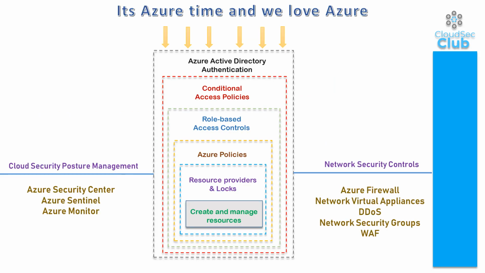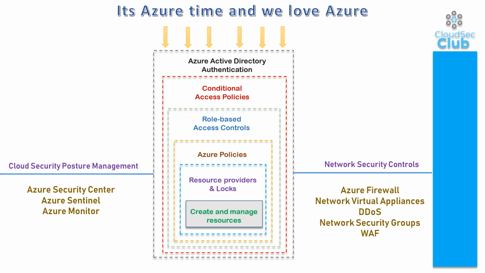So it's Azure time, and let's see how we manage resources securely in the Azure environment. You can see a layered approach to security when we are creating or managing resources. Resources could be virtual machines, NSGs, subnets. This is how the flow works when a user, or say any identity, is trying to create or manage a resource in the Azure environment.